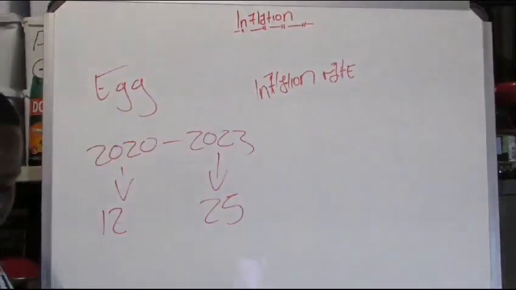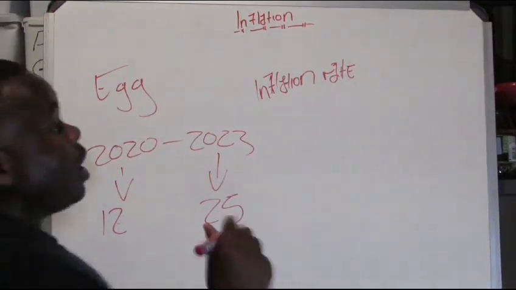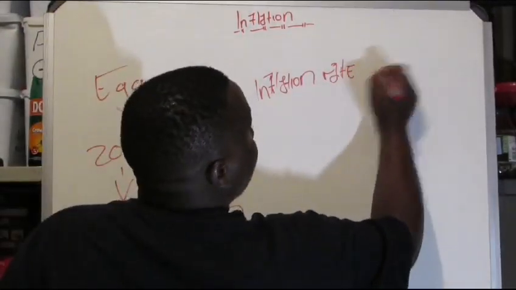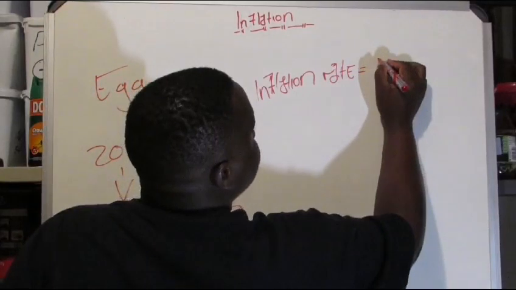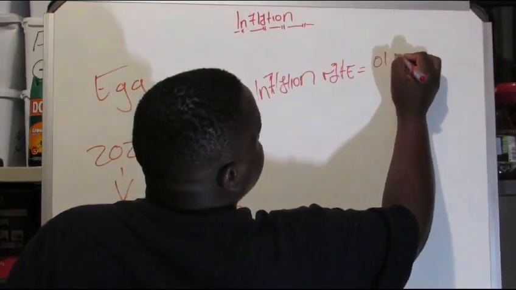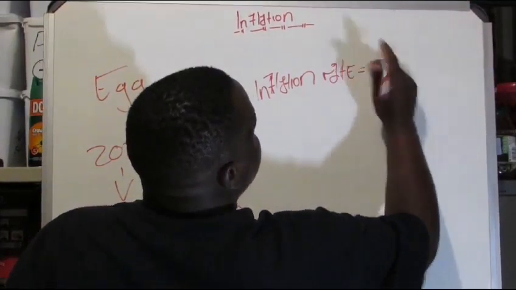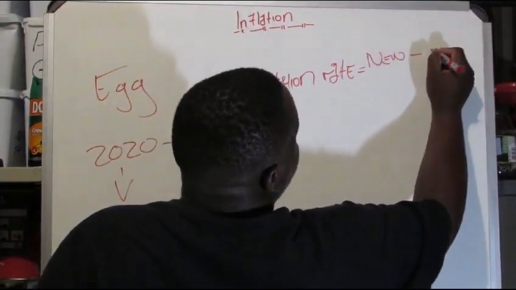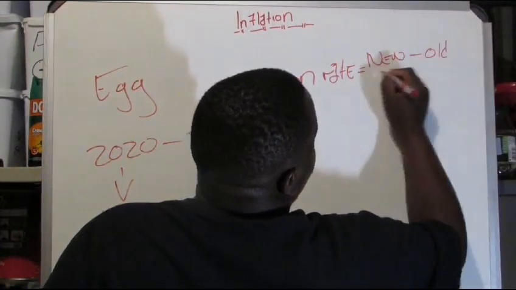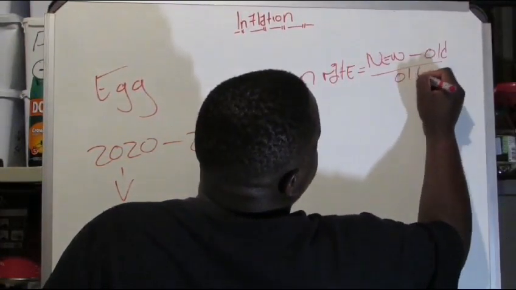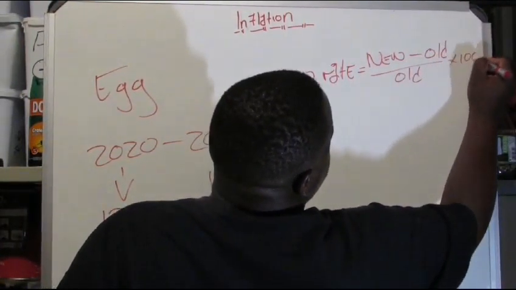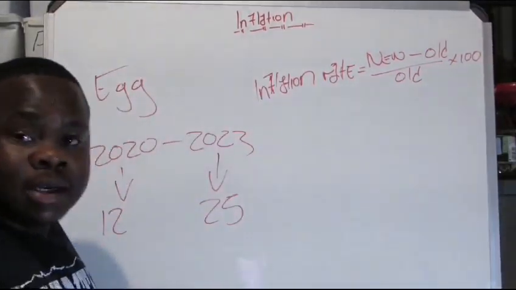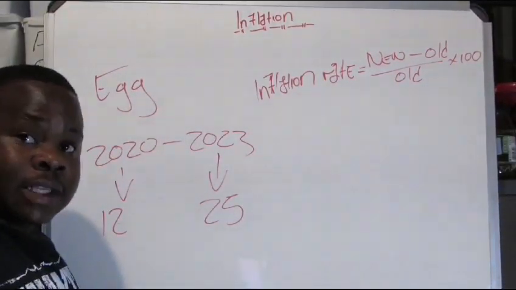Of course, we all know how we calculate inflation, right? Inflation rate is equal to the new price minus the old price, over the old price, times 100, because we want to see the percentage increase or decrease, right?